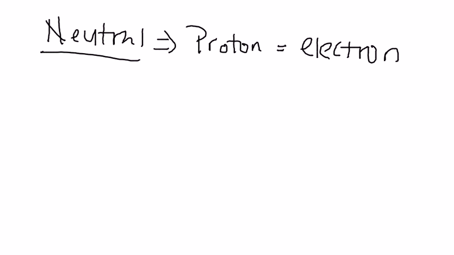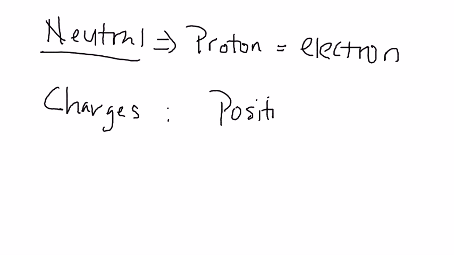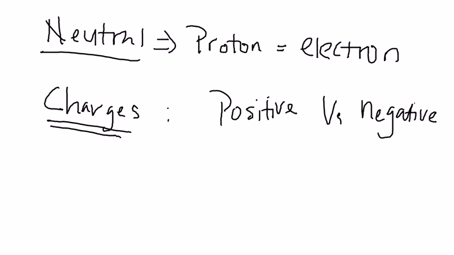Okay, so if it is not neutral, meaning the atom has a charge, there are only two types of charge. One is a positive charge, and the other one is negative. Once you have a charge, the number of protons and the number of electrons are not equal anymore.